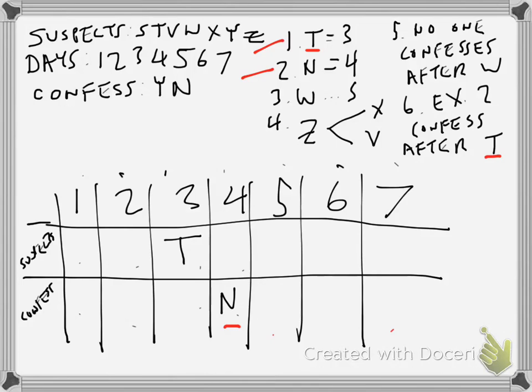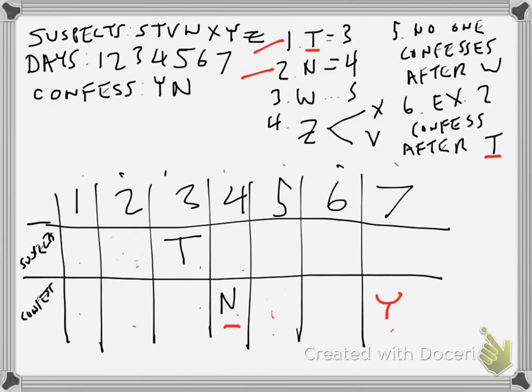For instance, if I just put W there in slot 2, and no one confesses after W, well, I know there are 2 confessions after T, so they're going to be confessions here maybe, here maybe. Nobody confesses after W, 2 confess after T. This doesn't make any sense. We know that W is going to have to be someplace after T.